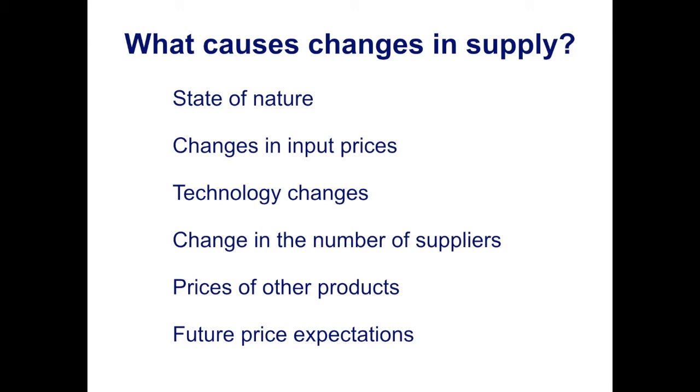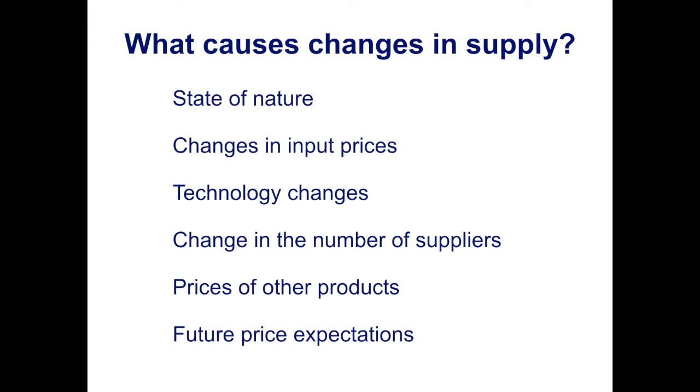Generally, technology improves. If we have more suppliers, then we're going to have a bigger supply for that particular good. The prices of other products are also going to affect the supply.